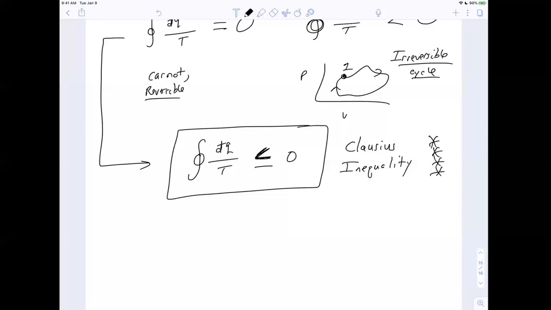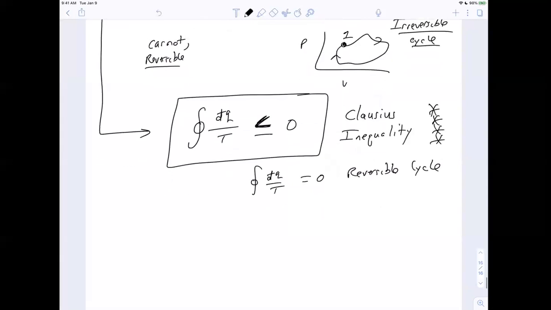The integral of dq over T is equal to 0 when your cycle is reversible, in which case I could have written this as the integral of dq reversible over T is equal to 0. And that's what we found through our analysis of the Carnot efficiency.